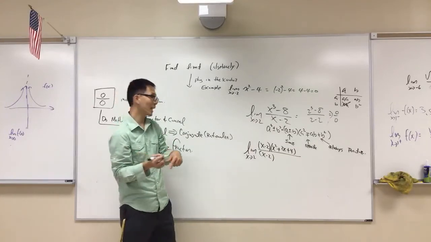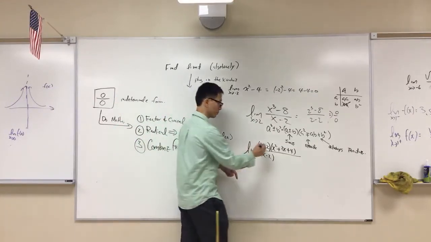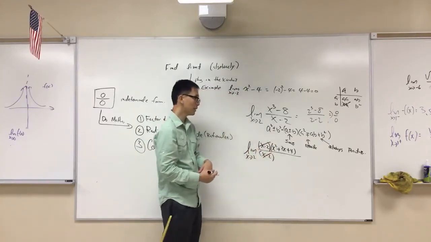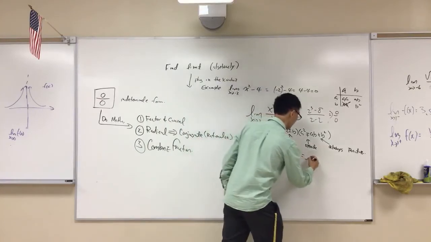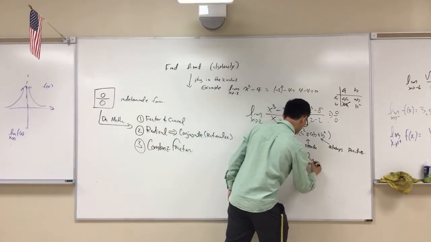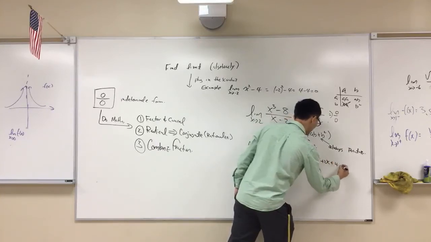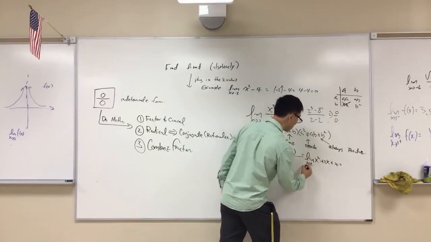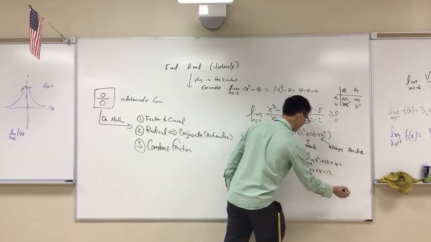Because you cancel this, it's not going to cause 0 now. So now you can plug in the 2. You say limit as x approaches 2 of x squared plus 2x plus 4. Plug in 2, so it's 4 plus 4 plus 4, which equals 12. So the answer is 12.